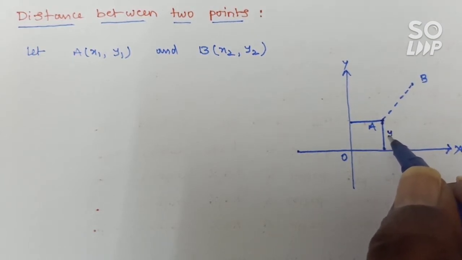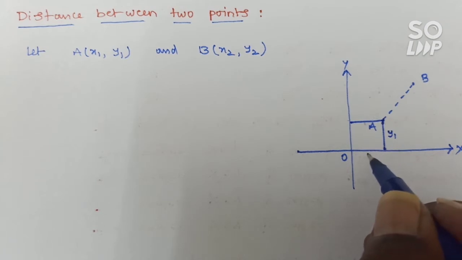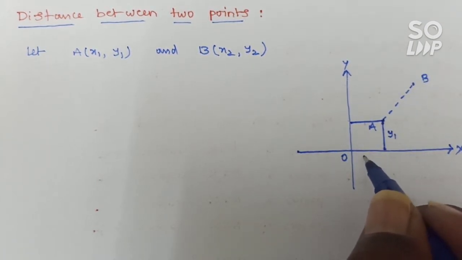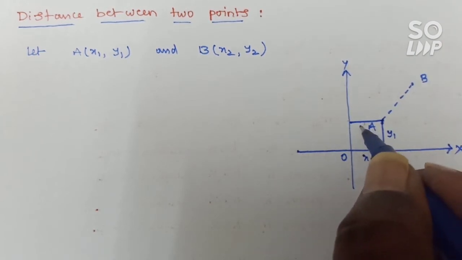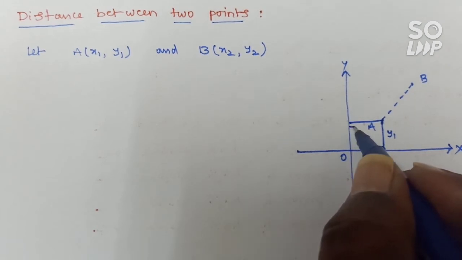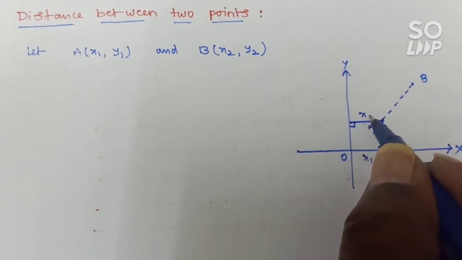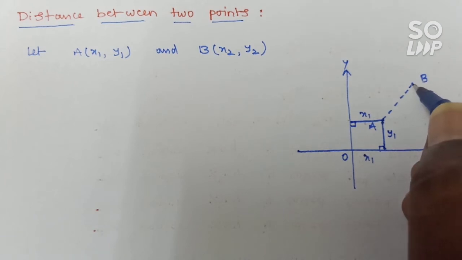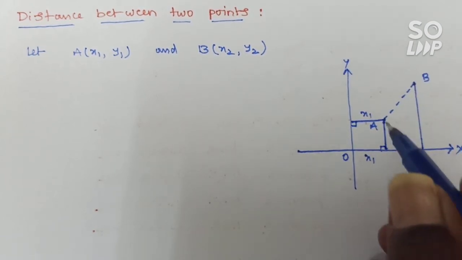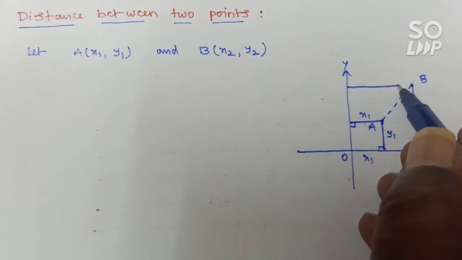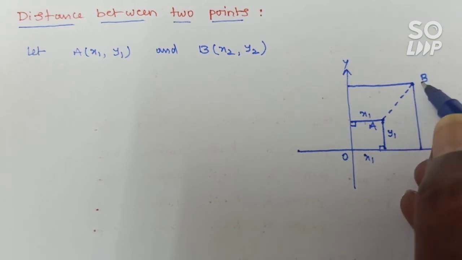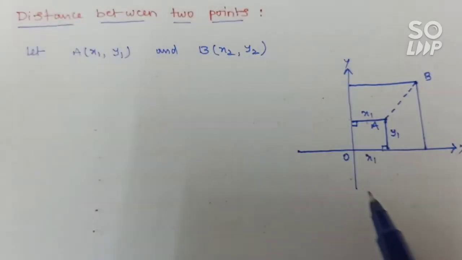This is y1, modulus of y1 or y1, because this is in the first quadrant, and this is x1. Next, draw the perpendicular from B to the x-axis and to the y-axis. Here the coordinates of B are x2 comma y2.